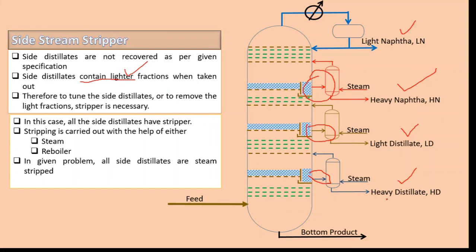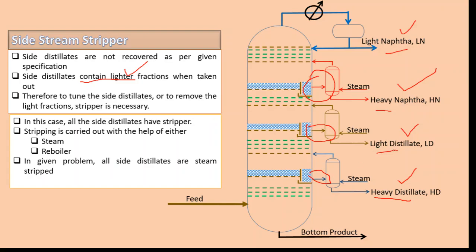For example, if we are taking the heavy distillate, the products lighter than the heavy distillate are light distillate, heavy naphtha, and light naphtha. So in the heavy distillate, a small portion of light distillate is present when we recover it from the atmospheric distillation column.